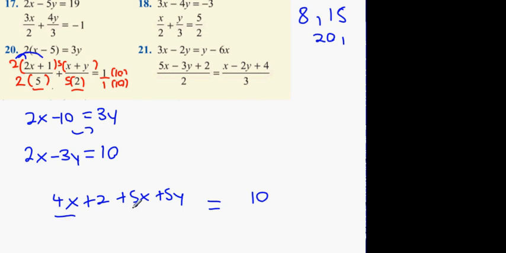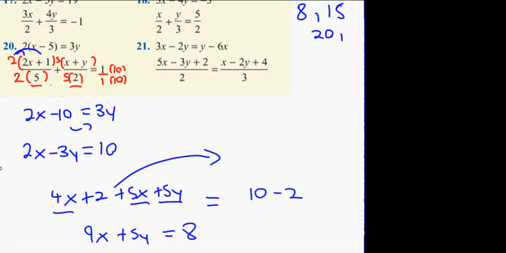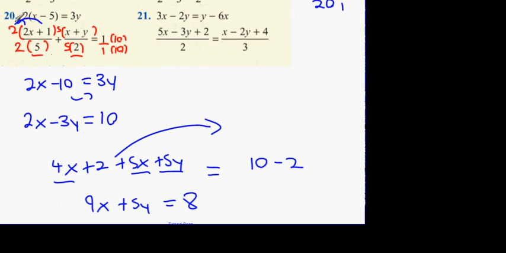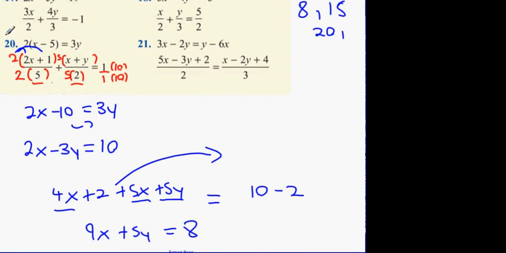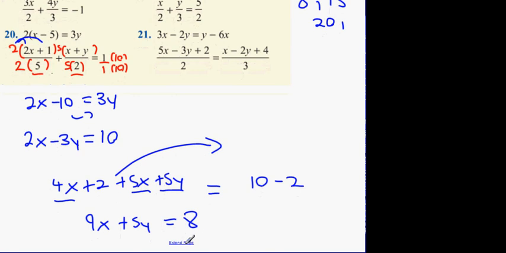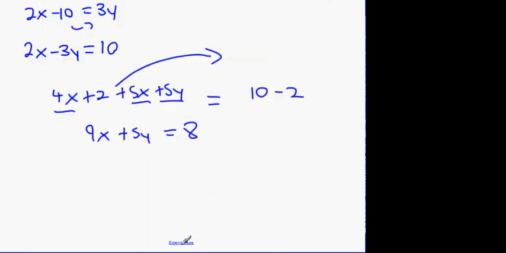So the 4x interacts with the 5x, 5y stays where it is, plus 2, and then the 2 goes over to your side, and then 8. Okay, so there's my first equation, and my second equation is 2x minus 3y equals 10.